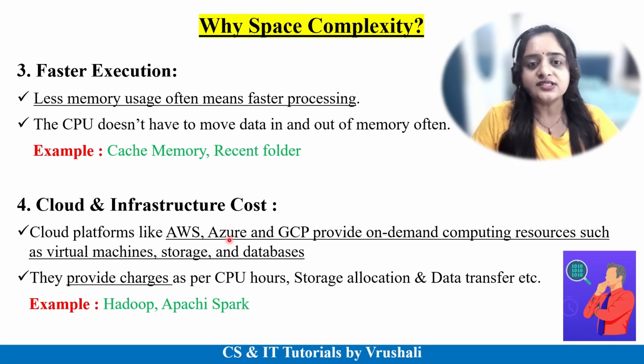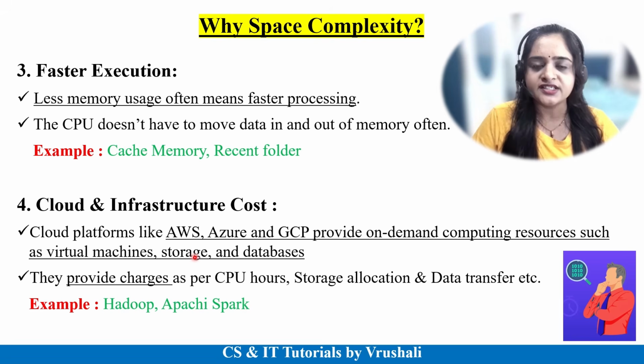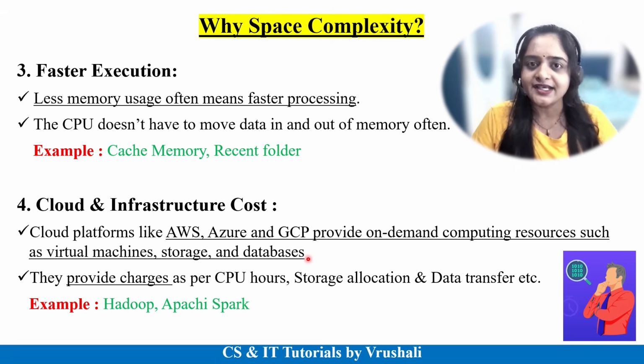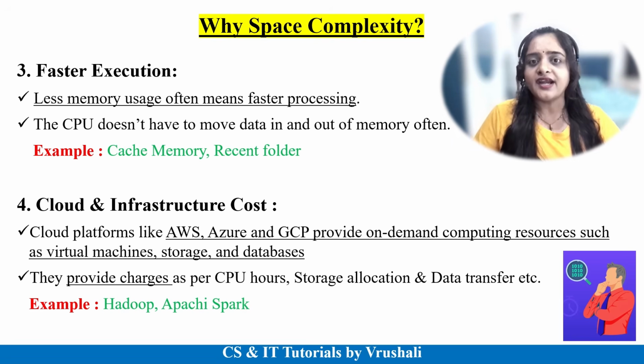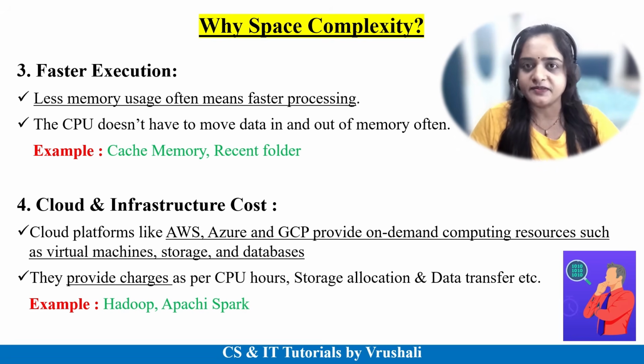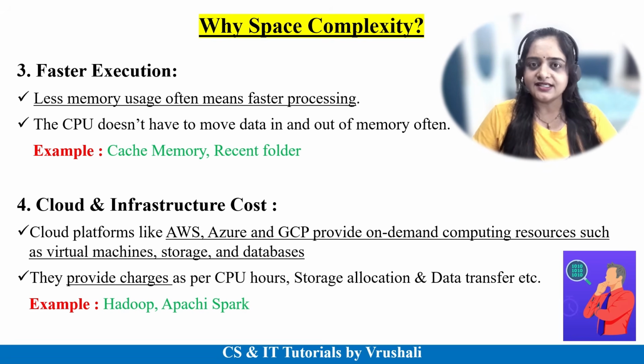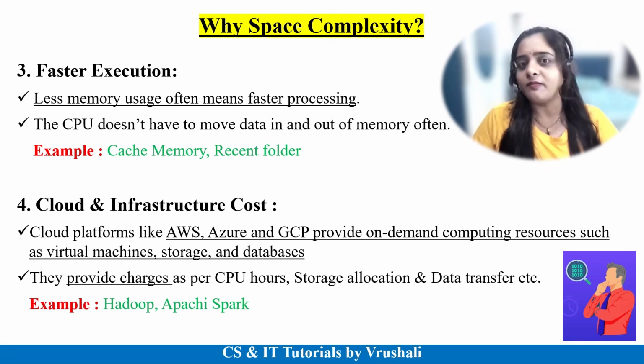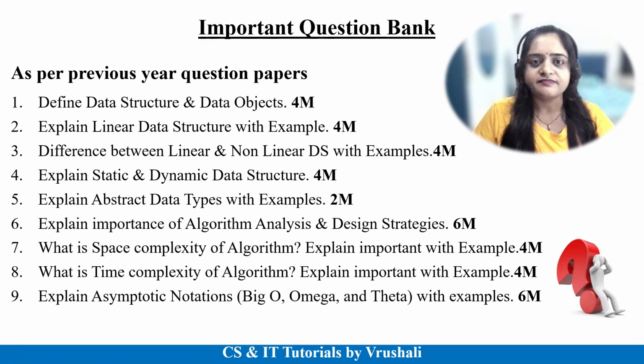This cloud platform provides different storage, virtual machines and databases for storing the data, and they apply charges as per CPU hours, storage allocation, meaning the size of data, and data transfer charges. So according to these factors also, less memory is required for a particular app or website. These factors are necessary. That's why space complexity matters.